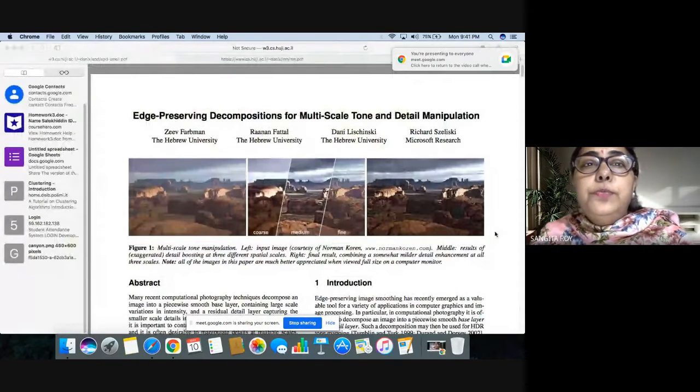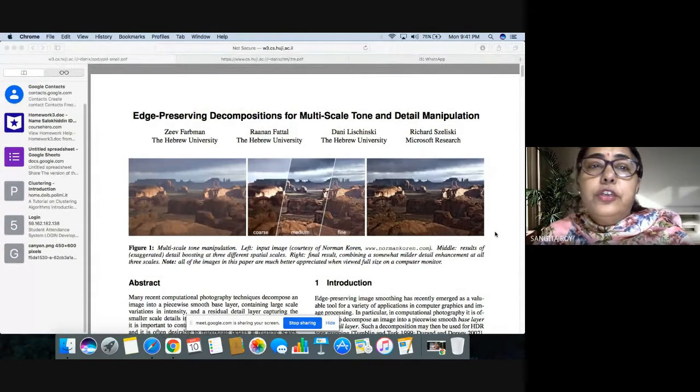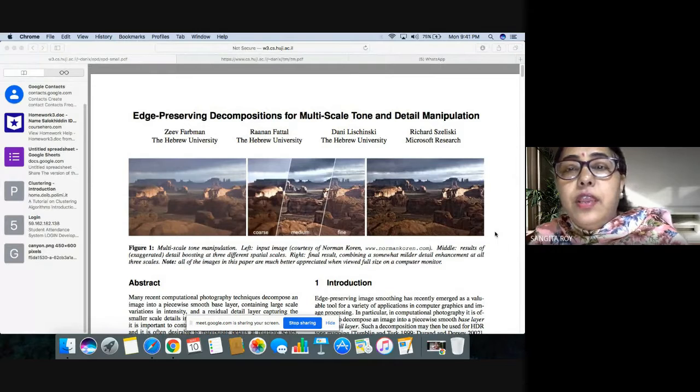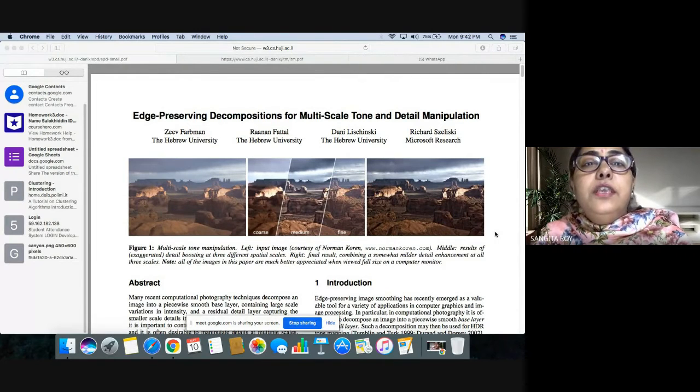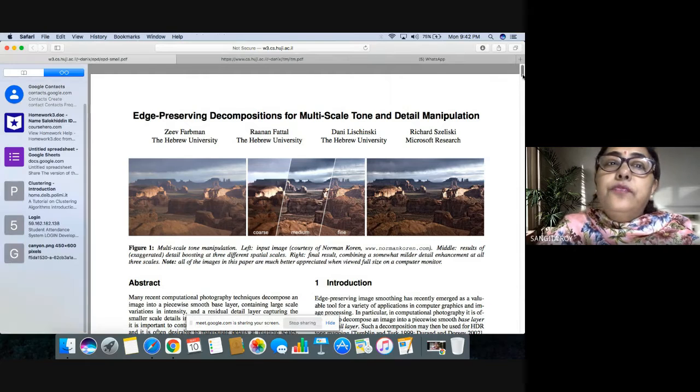It is edge preserving decomposition for multiscale tone and detail manipulation. It is a very renowned paper of Zeev Farbman, R. Fattal, D. Lischinski, and R. Szeliski. So this paper deals with the edge preserving decomposition for multiscale tone and detail manipulation.